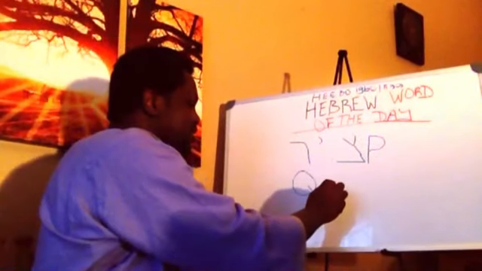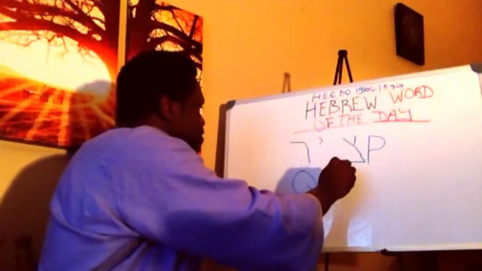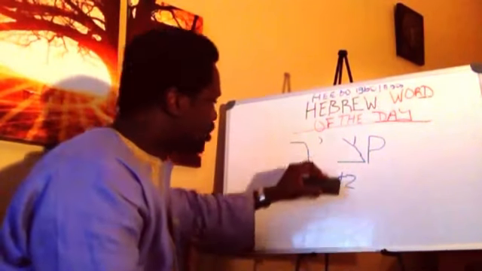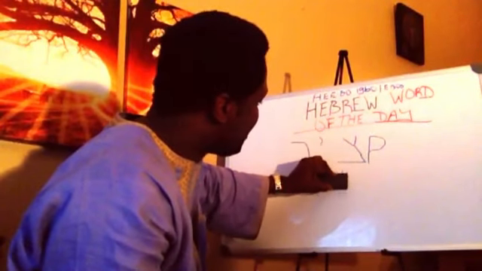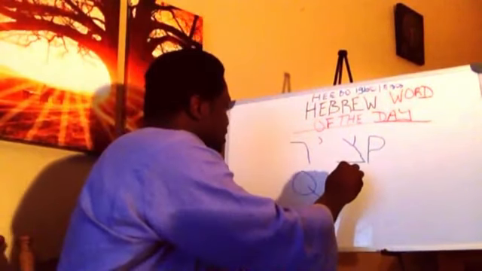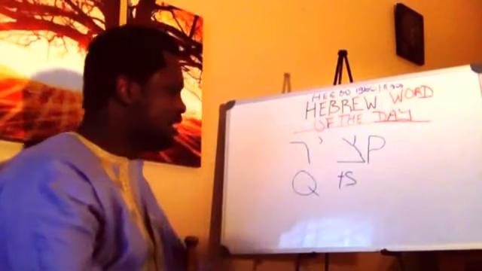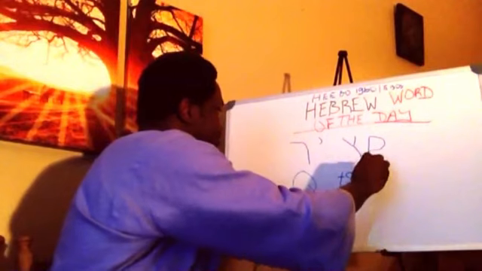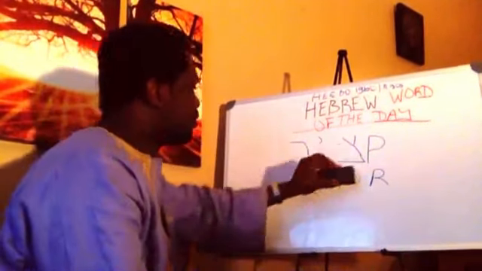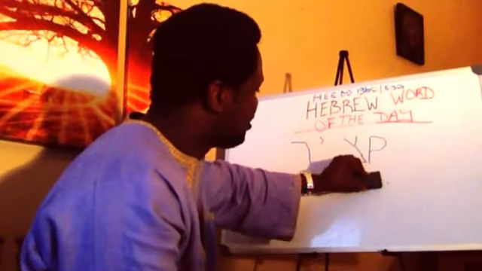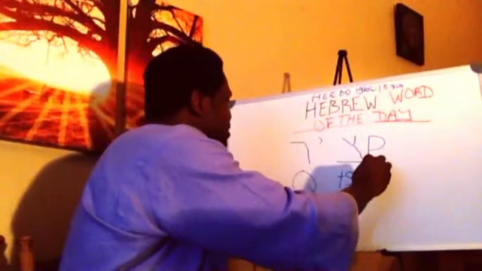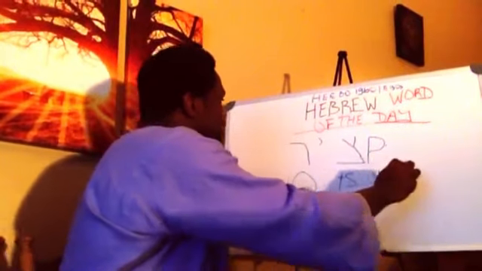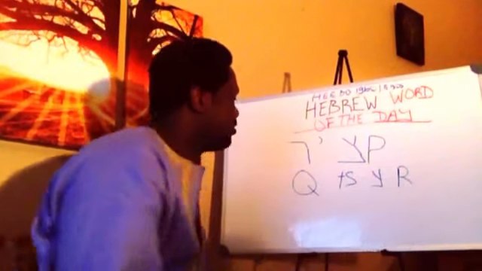And then this gives you the sadi, which gives you the T and the Z sound, or sometimes it can be the T and the S sound, tsad. And then, I'm sorry, the Yod, correction, going a little too fast. This gives you the Y sound, and then this gives you the R sound.